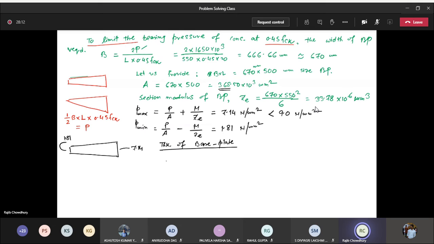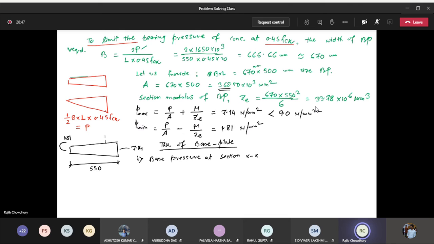So for this, two different steps would be involved. First, base pressure at the critical section, at section XX. Okay, so this entire thing is now becoming 550.